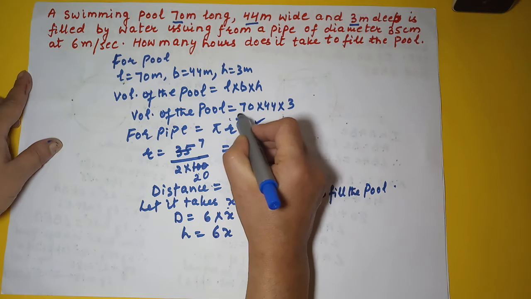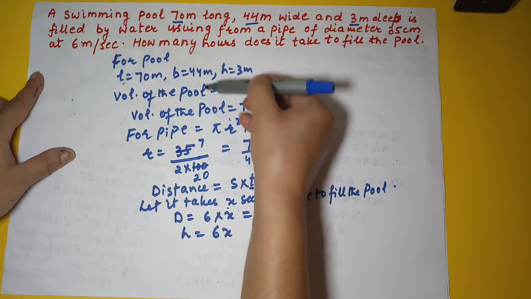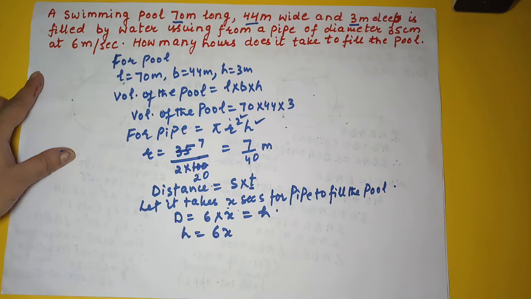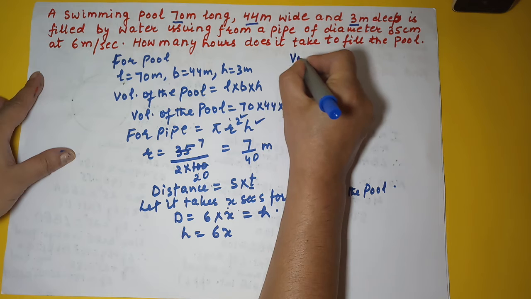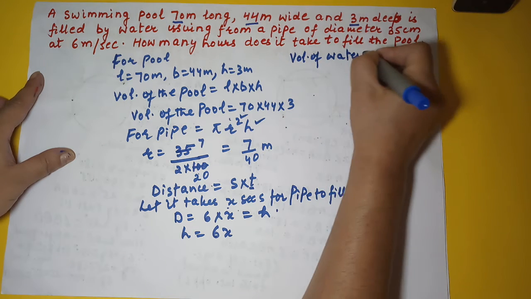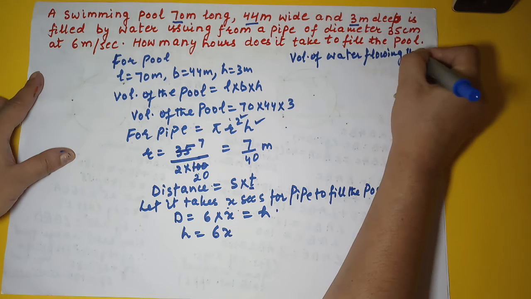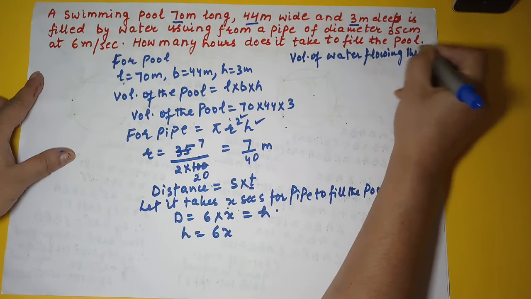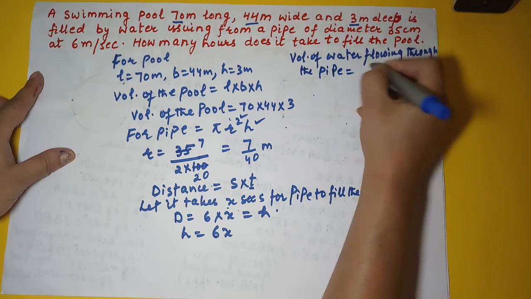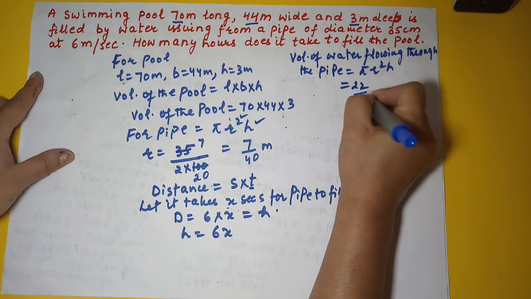Now I got h, I got r, right? I can equalize the two volumes. Volume of the pool is equal to volume of the water flowing through the pipe. So let me calculate the volume of water flowing through the pipe, which is pi r square h, which is 22 by 7.